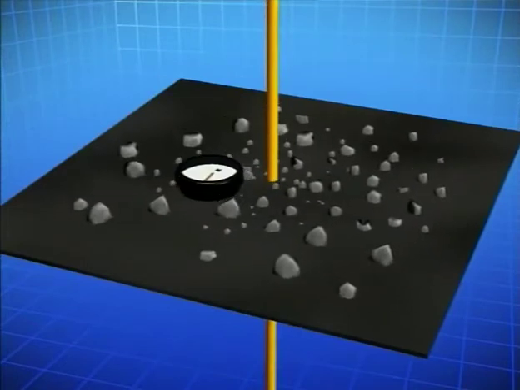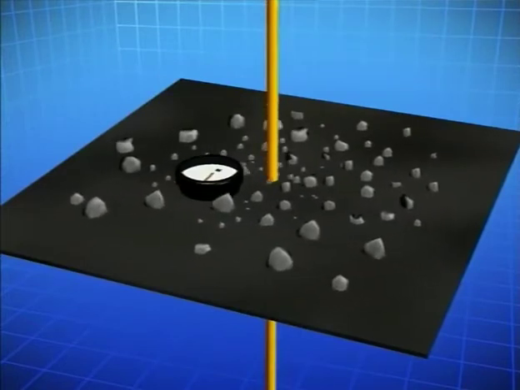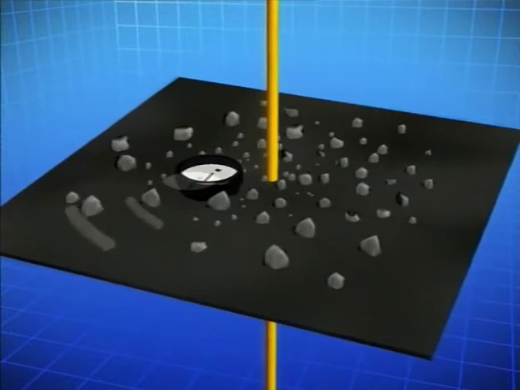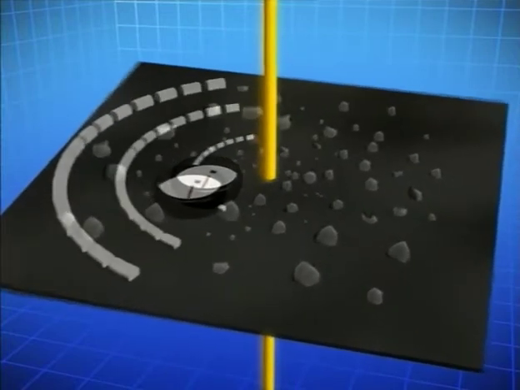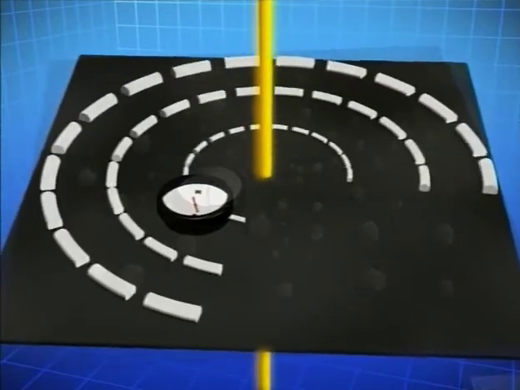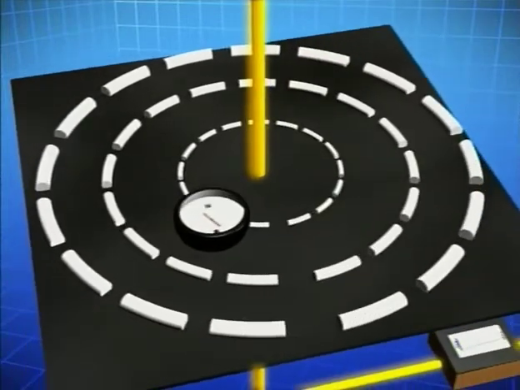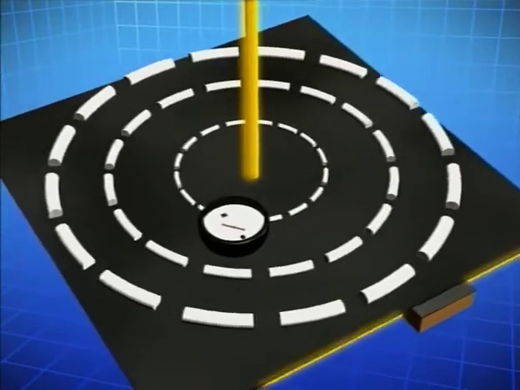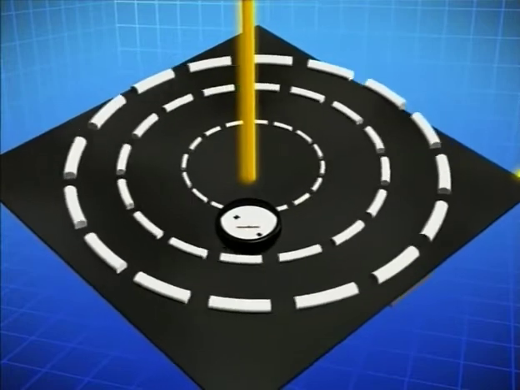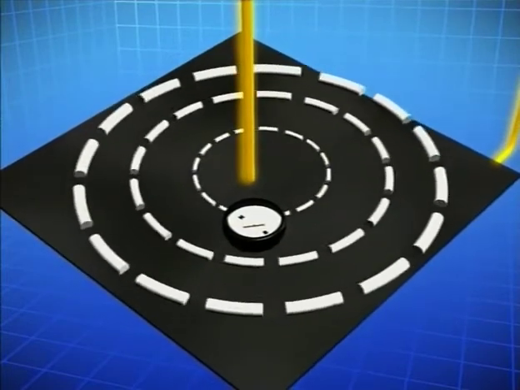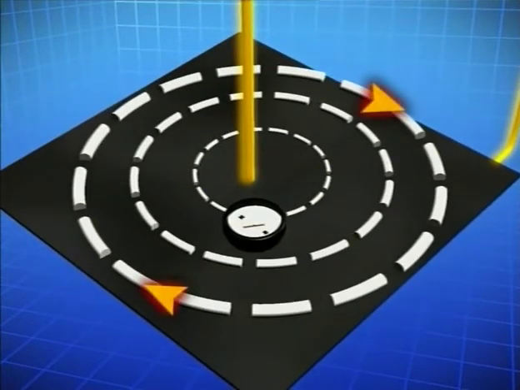Start gently tapping the cardboard a few times. As you can see on your screen, the iron filings have aligned themselves in a pattern of concentric circles around the wire. The pattern on the cardboard represents the magnetic field lines. Arrows show the direction of the magnetic field produced due to the current passing through the wire.